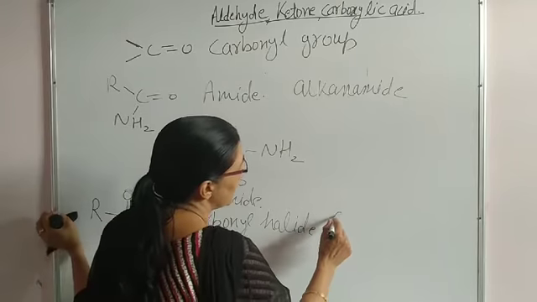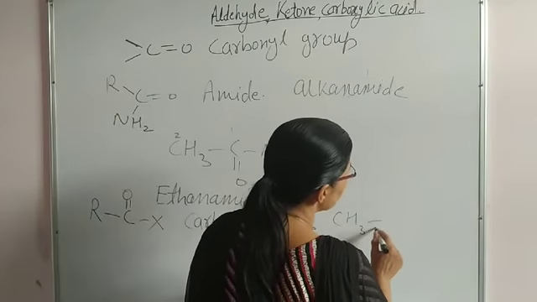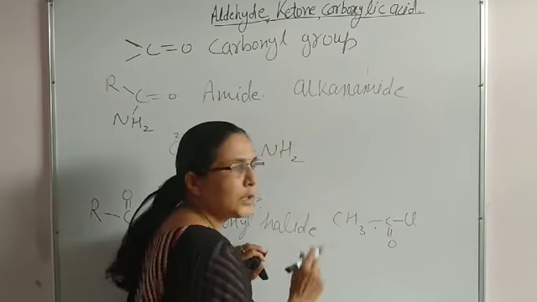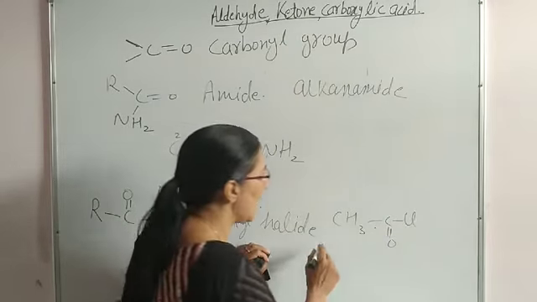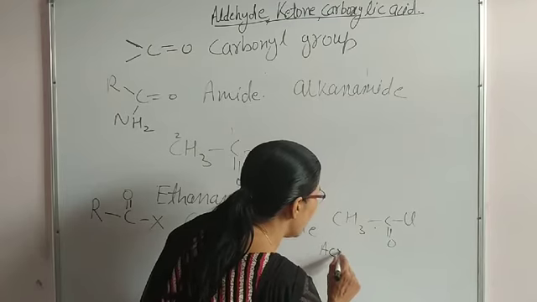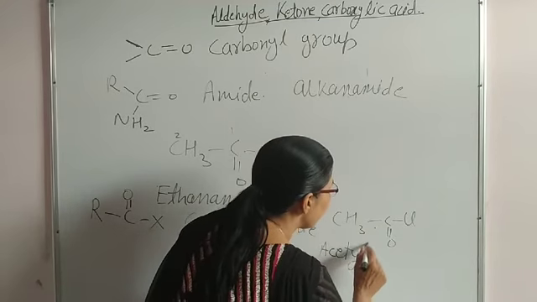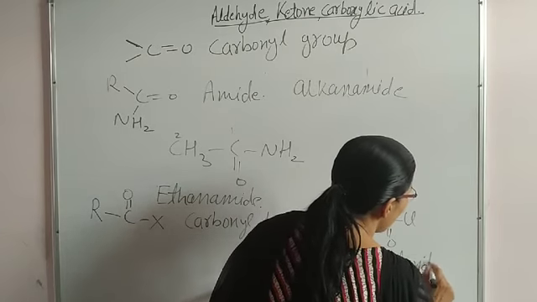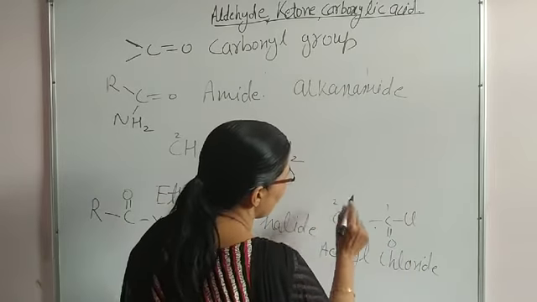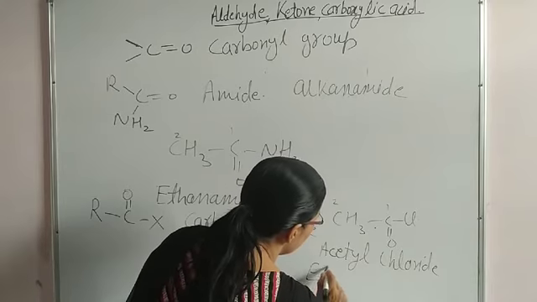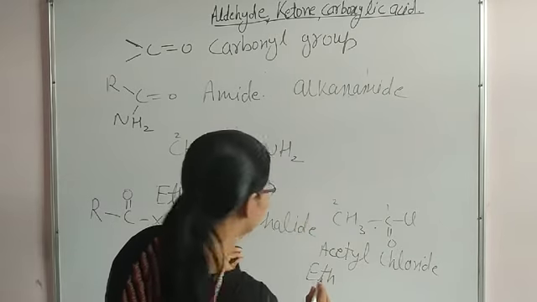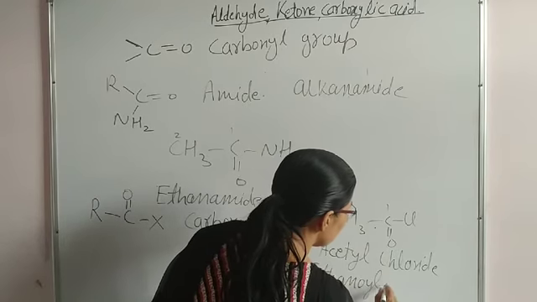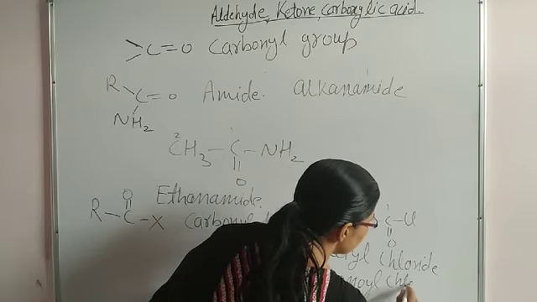For example, CH3 C double bond O Cl. The well known popular common name is acetyl chloride. But the IUPAC name is ethanoyl chloride.